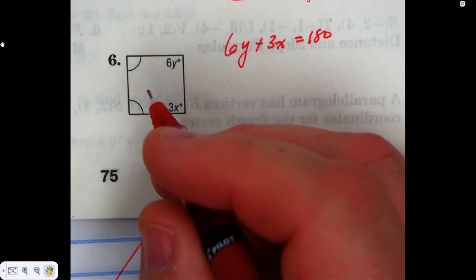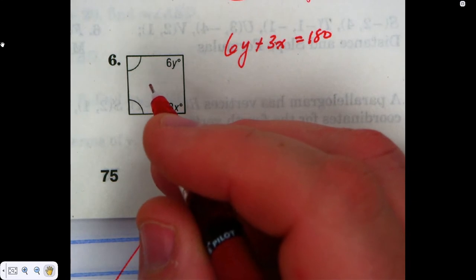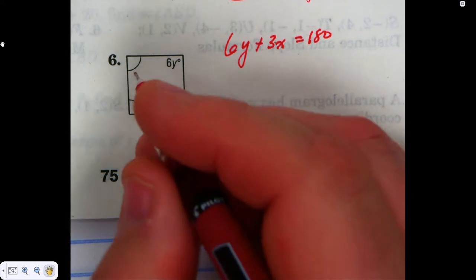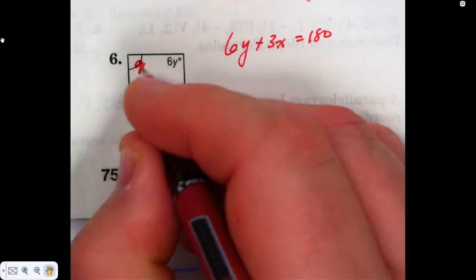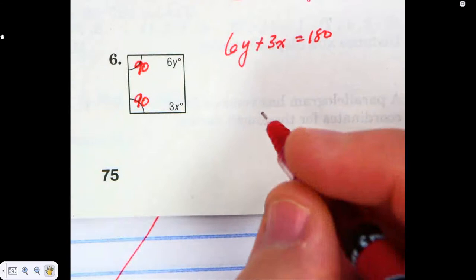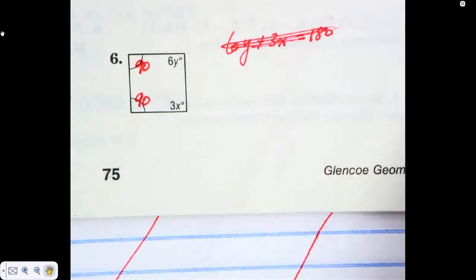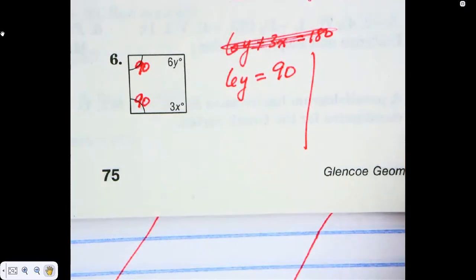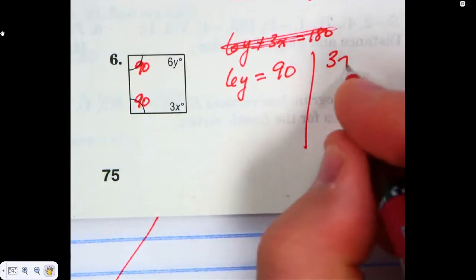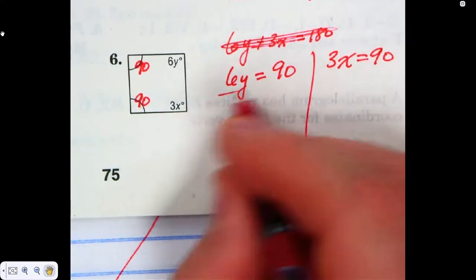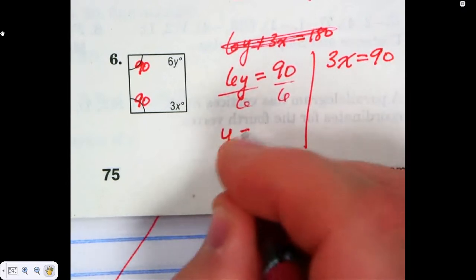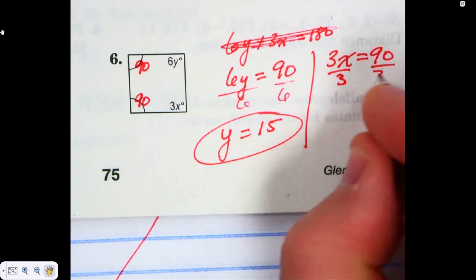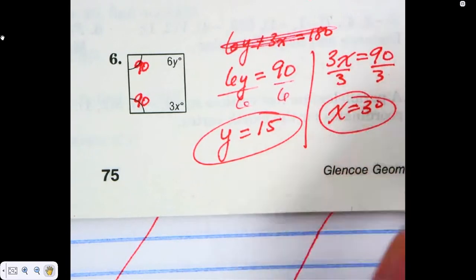There's only one way to split up 180 evenly, and that's to divide it by 2. So what does that make this? Now are there some equations you can write? 6y is equal to what? 90. And 3x is equal to what?